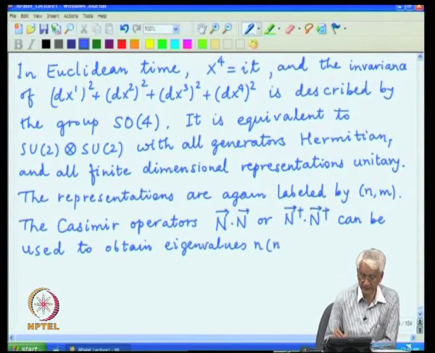It is n times n plus 1 and m times m plus 1.